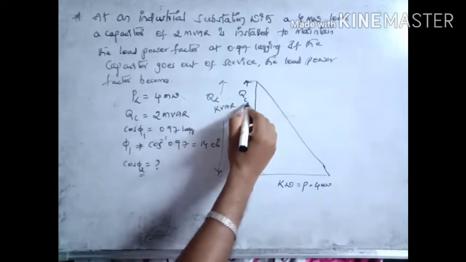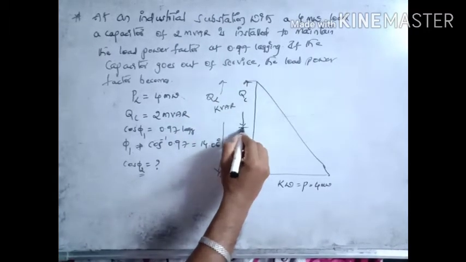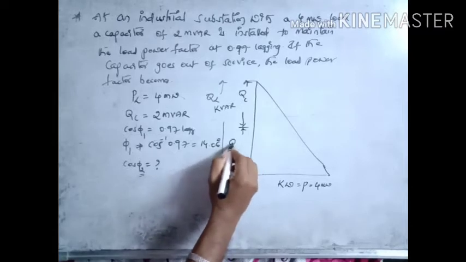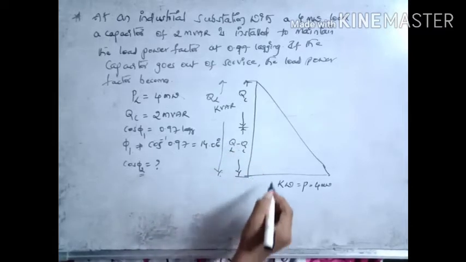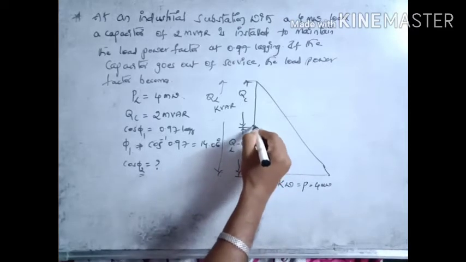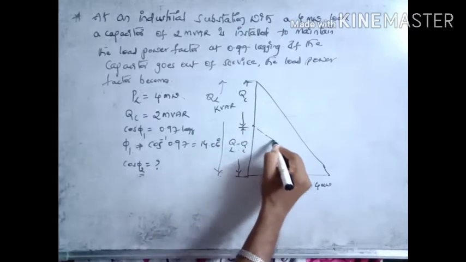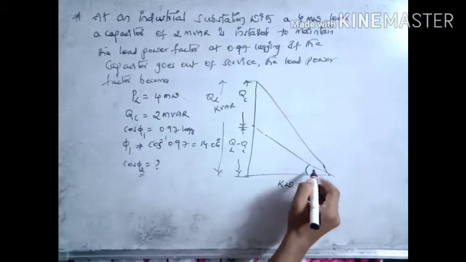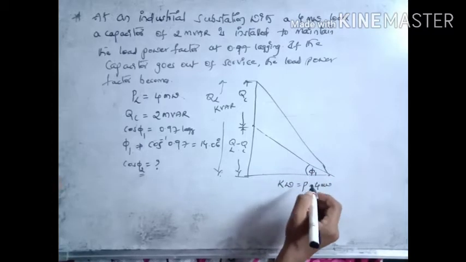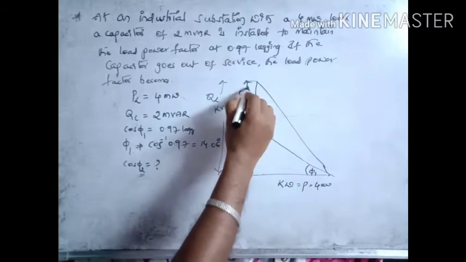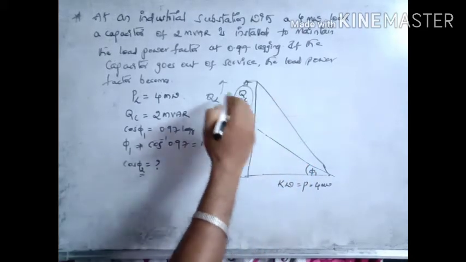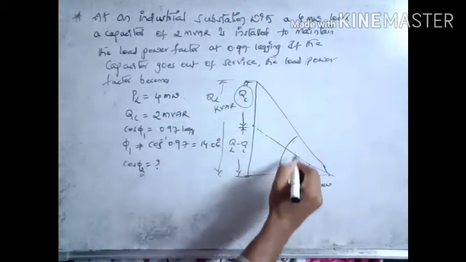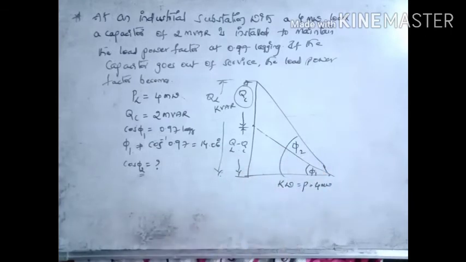So with this inserted, there will be some remaining reactive power, which is nothing but QL minus QC. And this remaining reactive power will be at phase angle phi 1, that is with the capacitive reactive power inserted.